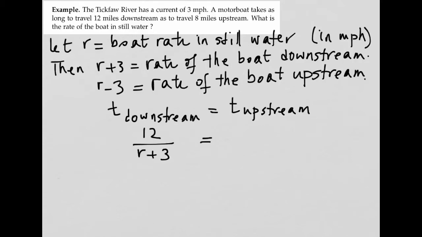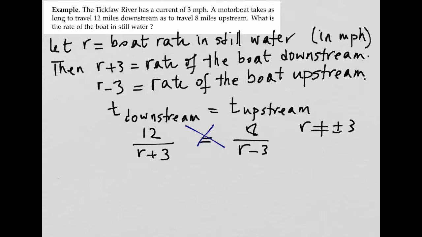So that's 8 miles divided by the rate of the boat upstream, which is R minus 3. This is a rational equation. Notice, for this equation, R must be different from plus or minus 3 for the equation to make sense. So we can find the LCM, which is R plus 3 times R minus 3, and multiply it on both sides. Or even easier, we can simply cross multiply.